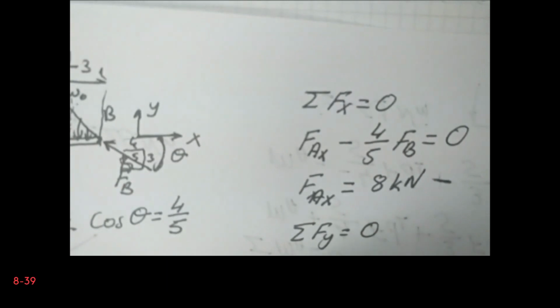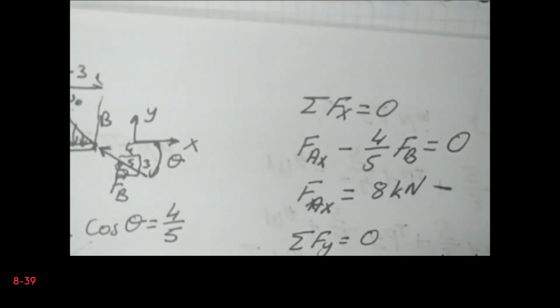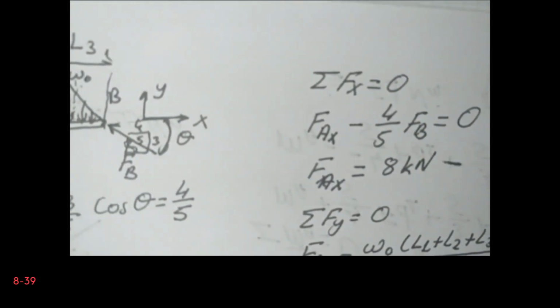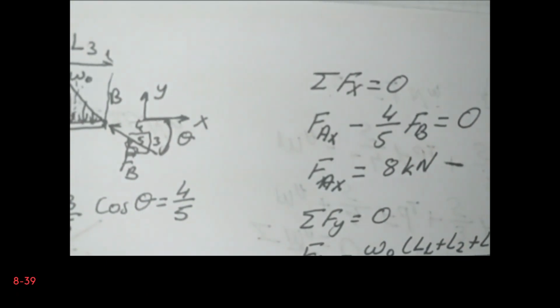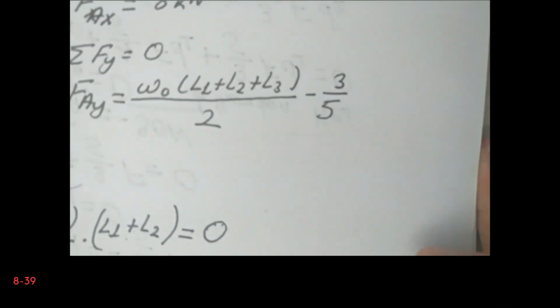FAY is equal to W0 times L1 plus L2 plus L3 divided by 2, minus 3 over 5 FB. So FAY, let me repeat it again.